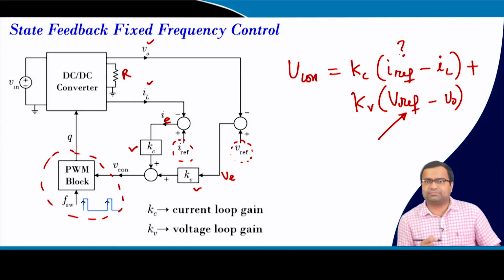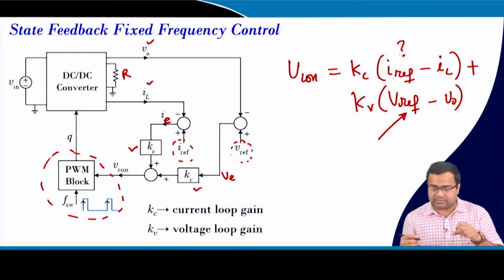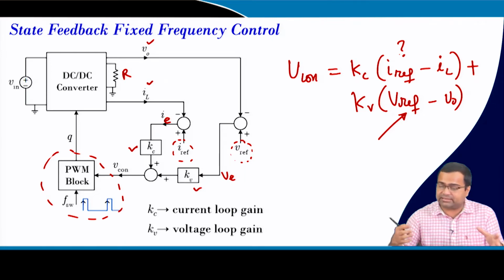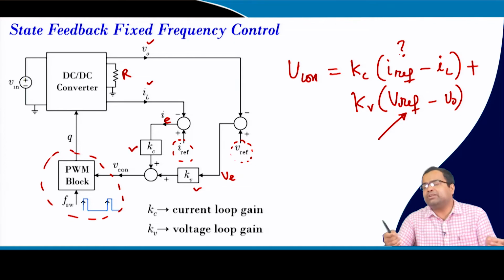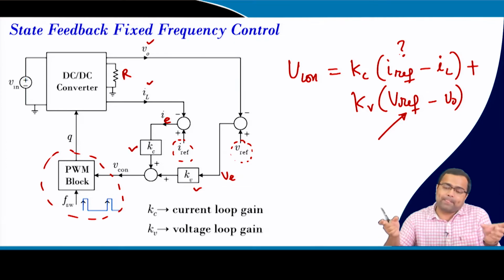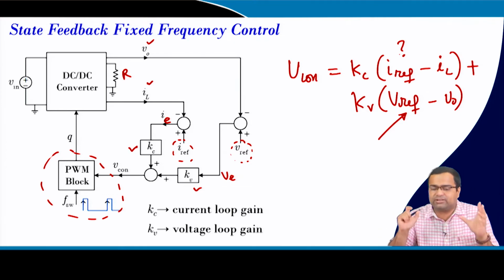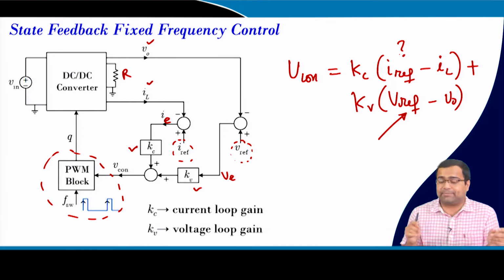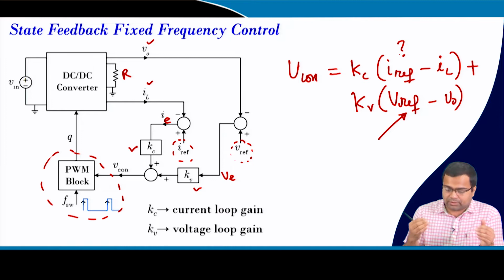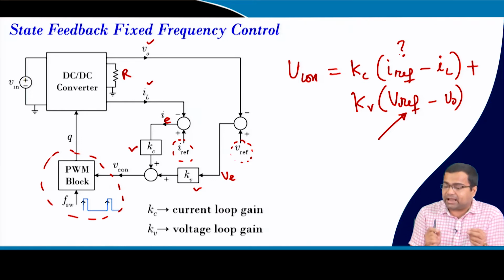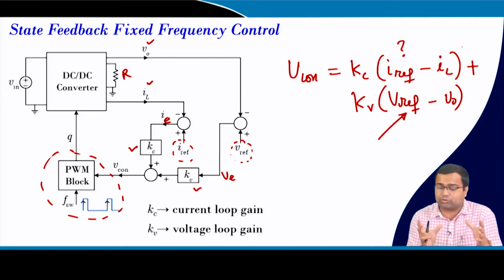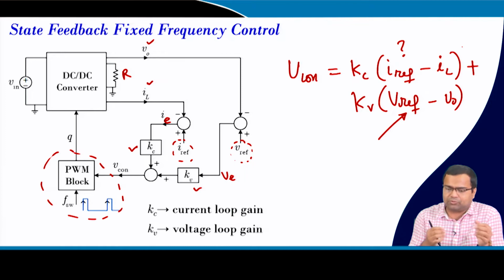What is Iref? Who gives us Iref? Is Iref given by someone else, or do we need to derive Iref from some other variables? That we will see. But in case of LED driving application, when we want to regulate the current through an LED string, sometimes the use of these two architectures, both current and voltage mode configuration, can help to significantly cut down the flickering current.